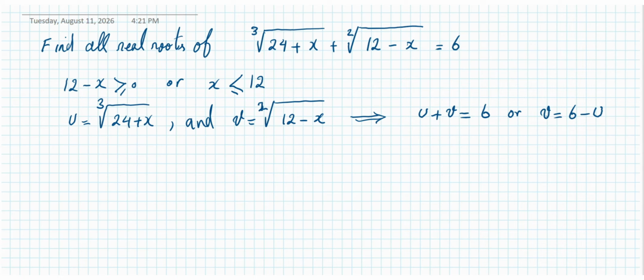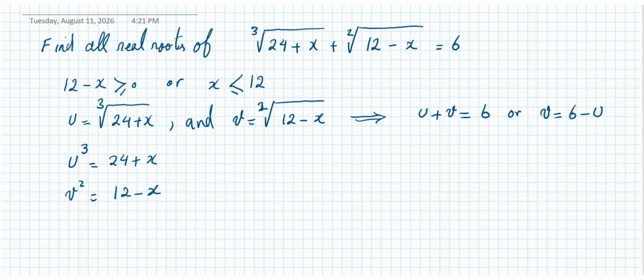We also know that u to the power of 3 is 24 plus x, and v squared is 12 minus x.